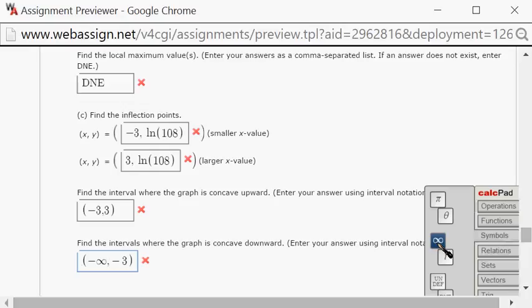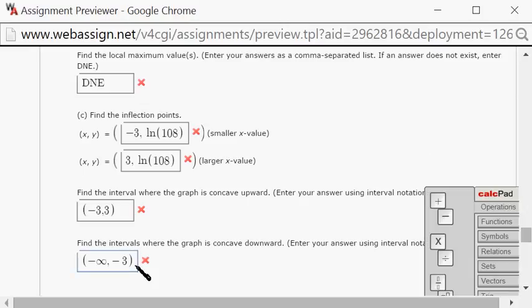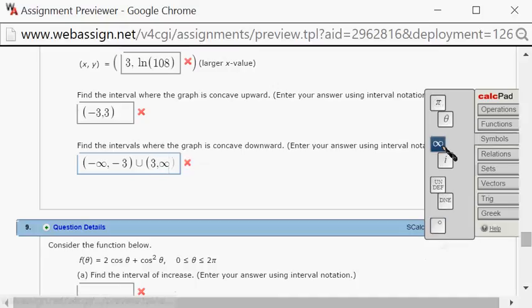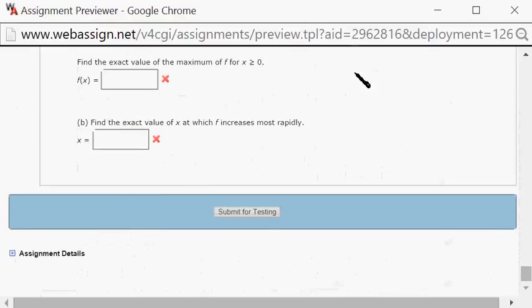And you have to use the union, and 3 to infinity. Alright, that's that. So let's check, submit for testing.